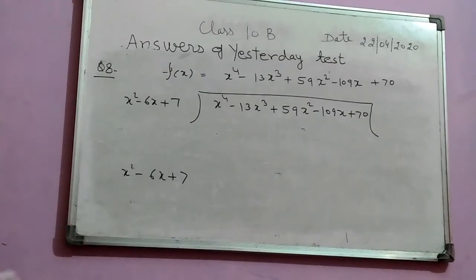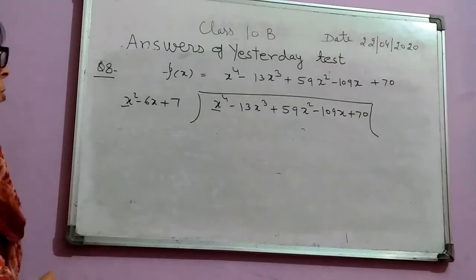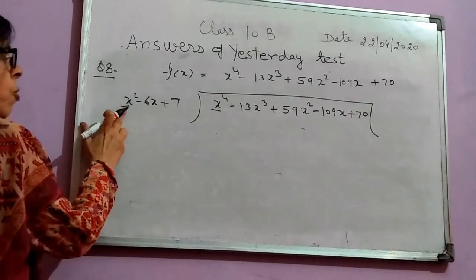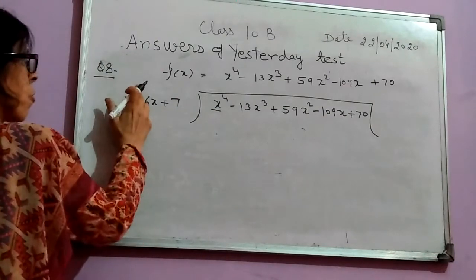For this, see the first term of dividend and divisor. Now divisor की फर्स्ट टर्म को किससे इंटू करें कि x की पावर 4 आ जाए. So you will multiply x square with x square.